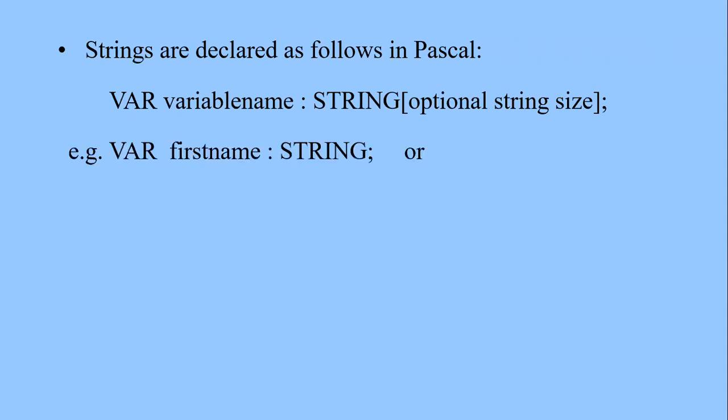For example, we can declare it as var, variable name being firstname, and data type being string. Or you can declare it as an array of characters using the string data type, where we specify the size of the string, by having var for variable, then firstname as our variable name, being of type string, whose size is 25.